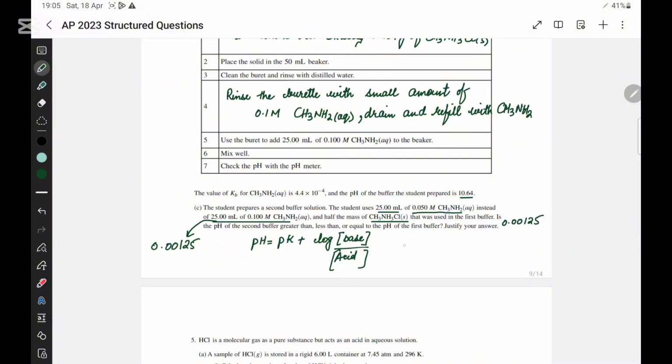So again you can see that pH is equal to pKa, because the moles remain constant. So pH also remains equal to pKa, and we can say that the pH of a buffer actually depends upon the ratio of base to acid. So we can write here that there is going to be no change.